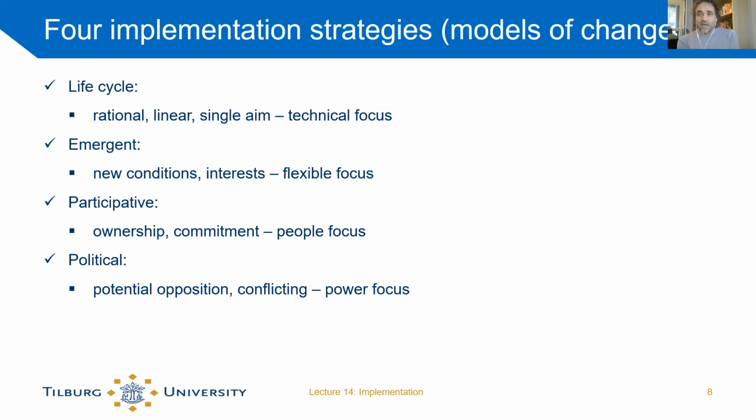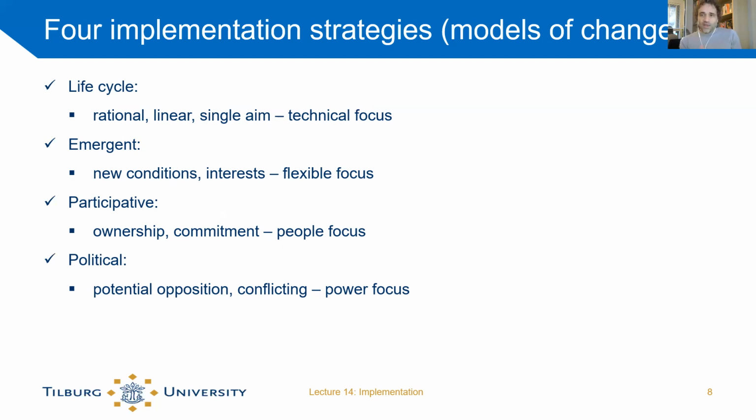Okay, there are 4 implementation strategies. The first one is life cycle, and life cycle means that you try to convince people with rational goals. So you develop a strategy, you convince people of, okay, this is the usefulness of the technology, and if you use this new technology in this way, then it will help you in your work. So it's really a very rational way of convincing people. The second one is emergent.